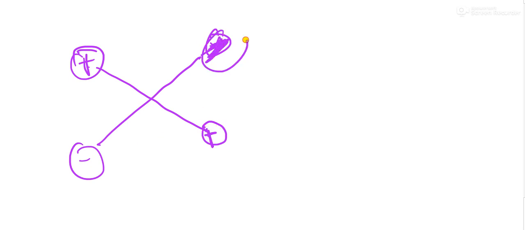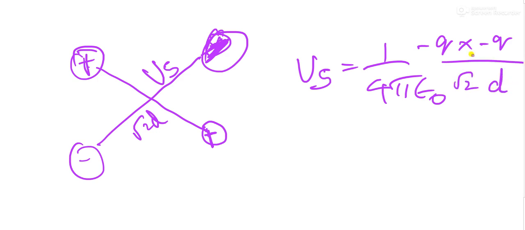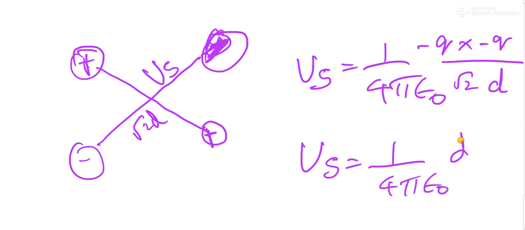That's what's given in the question. Now for U5 the distance is root 2 times d. U5 is equal to 1 divided by 4 pi epsilon naught, times minus q into minus q, divided by root 2 times d. Minus minus is plus, so U5 is 1 divided by 4 pi epsilon naught, q squared divided by root 2 times d.